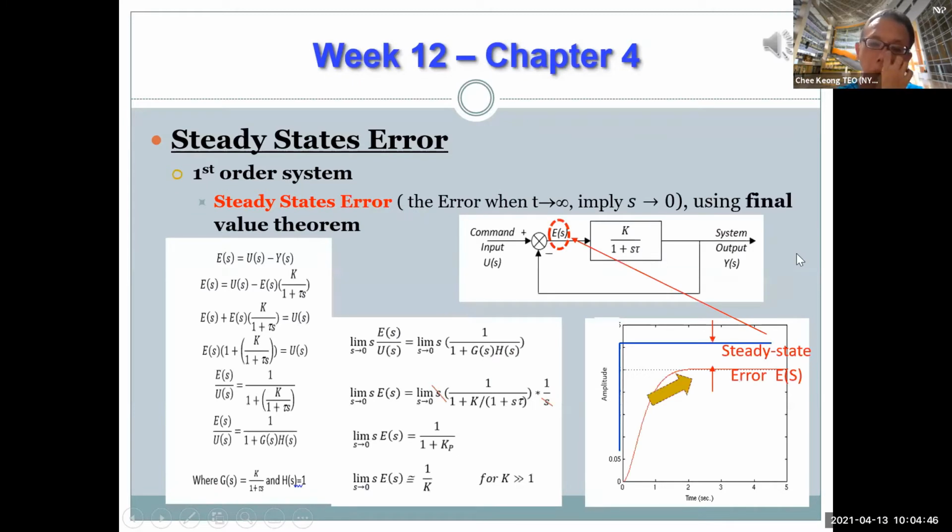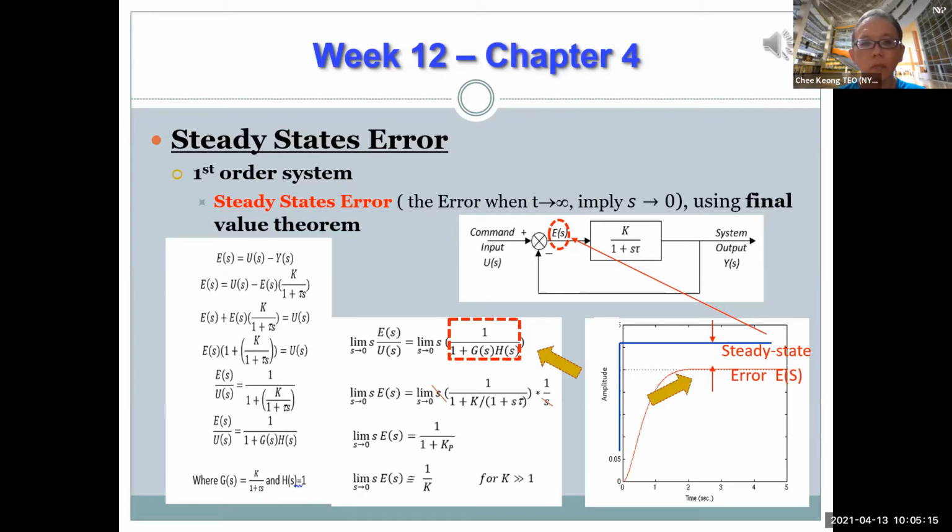In steady state response, we look at how output y of s settles as time approaches infinity. However, for steady state error, we look at how error e of s settles as time approaches infinity. The final value theorem used is still the same, except for the expression used. In the previous steady state response, we used y of s. Now we use e of s.